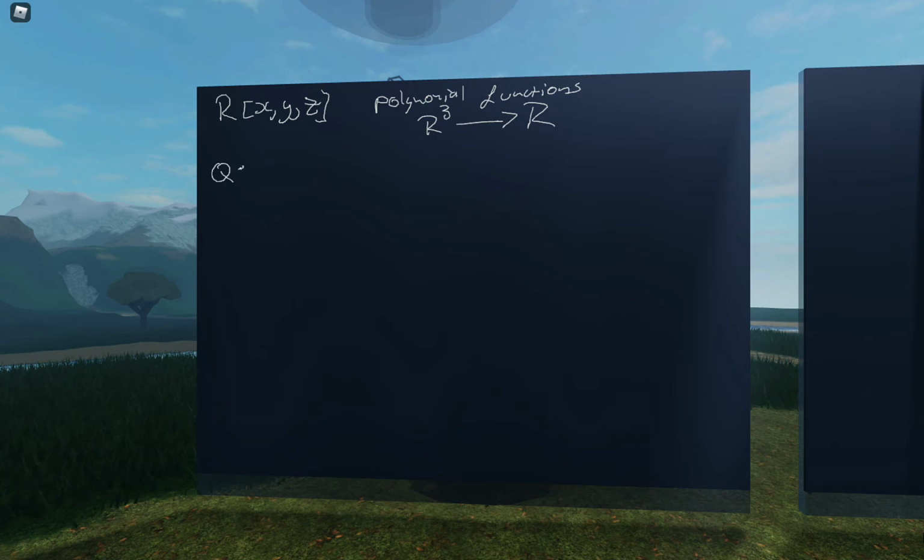So when studying rings, a question that comes up, if you're given a ring, is how can you study or understand its structure? How can you understand what it looks like and how it behaves?